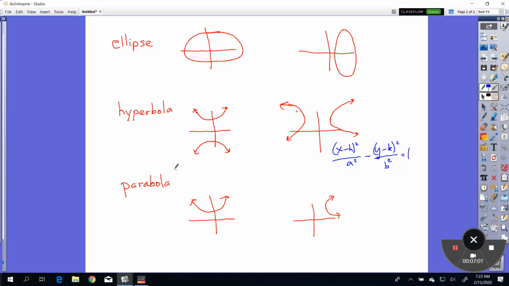And if it opens up and down, the y goes first. Kind of like on the parabola, it made a difference which one was squared. So up and down, the x one was the squared one. And side to side, the y is squared.